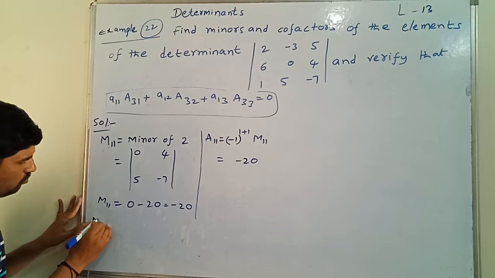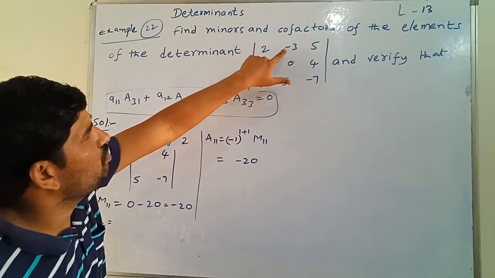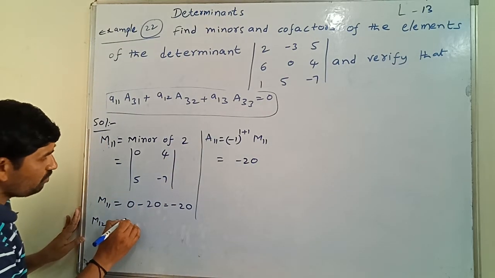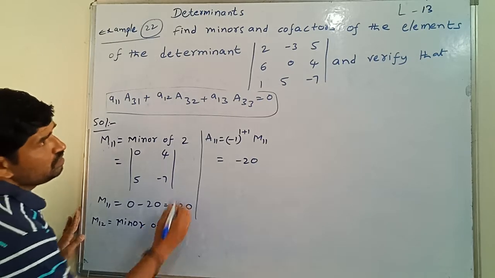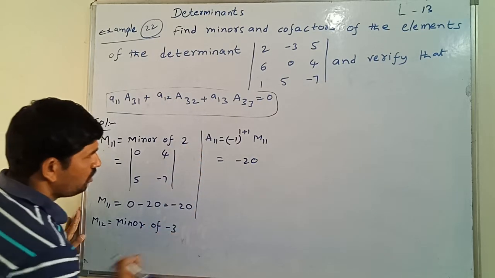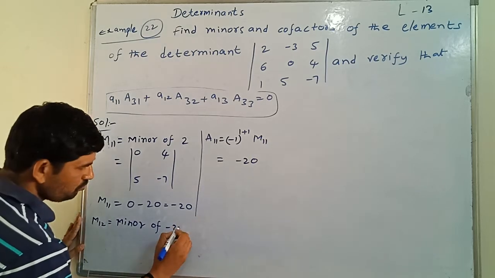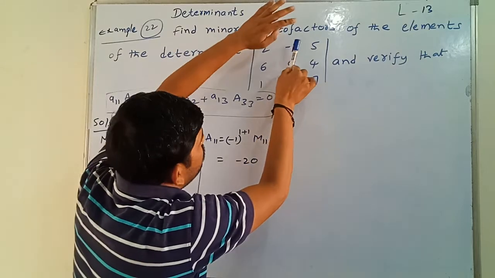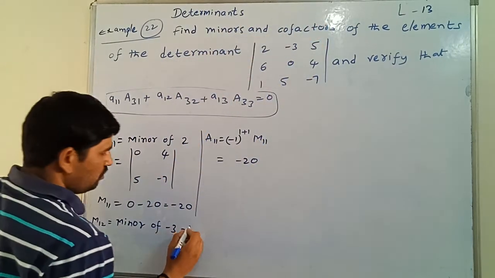So again we have to take here what? M12, okay. See, this is M12. So minor of the element minus 3, this is nothing but, minor of the element minus 3 means, now just close the address for this, like that. 6, 4, 1, minus 7.